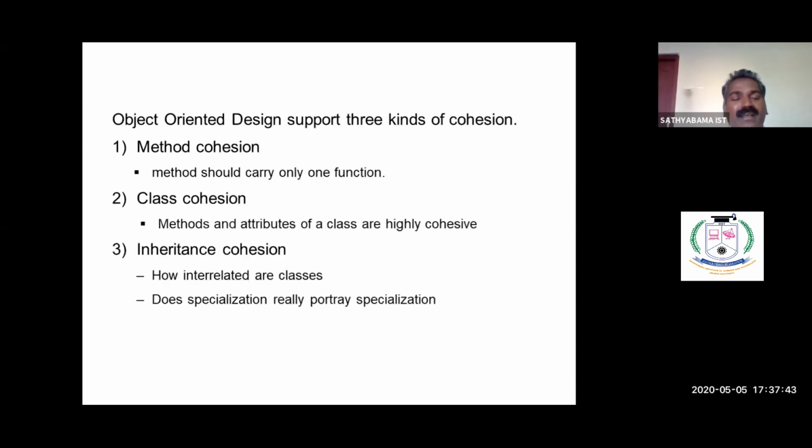Object-oriented design supports three kinds of cohesion. One is method cohesion, also called functional cohesion, which we already studied in the software engineering lecture.